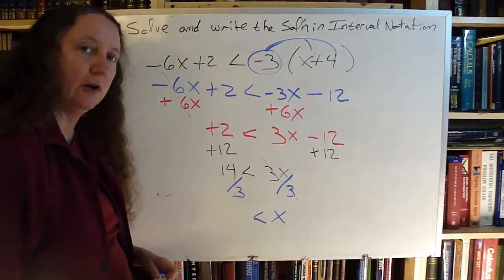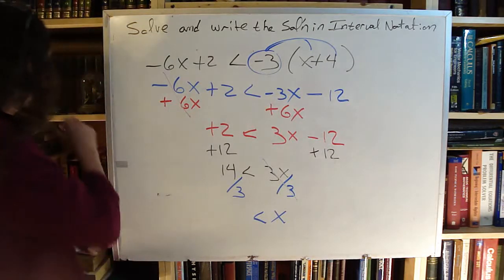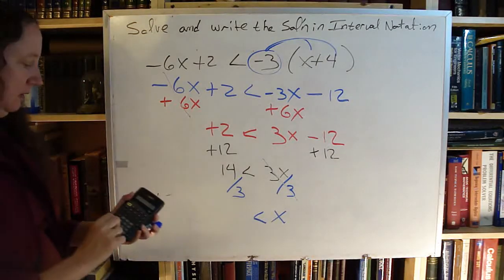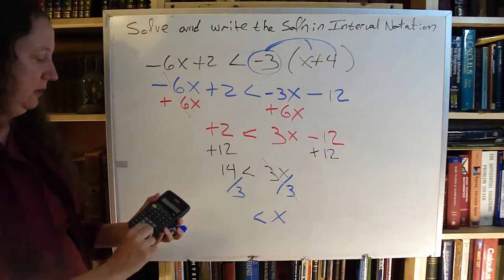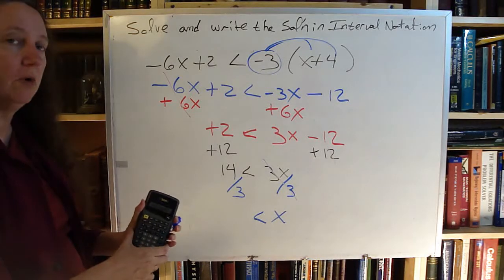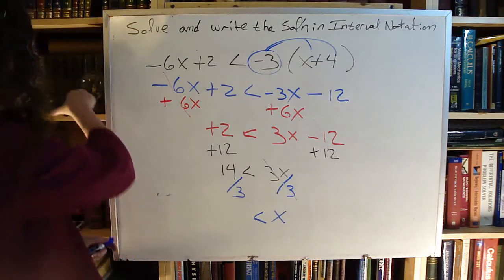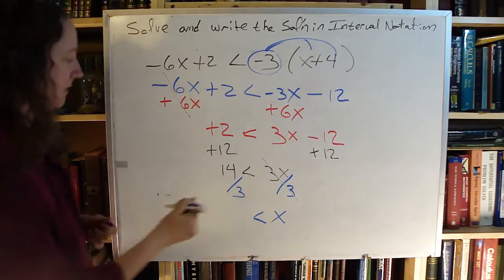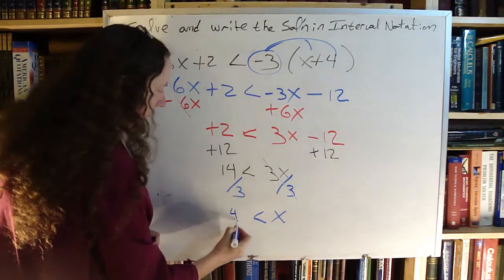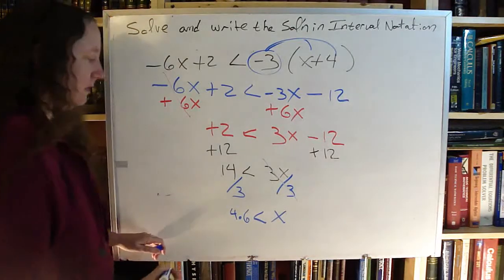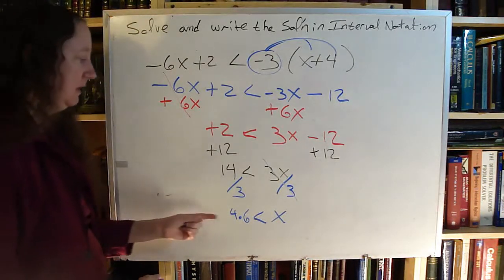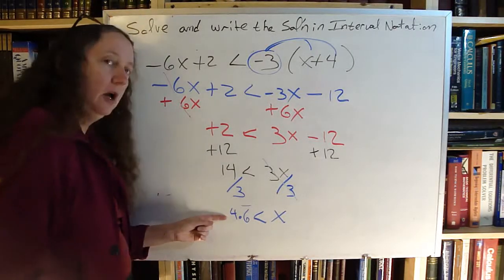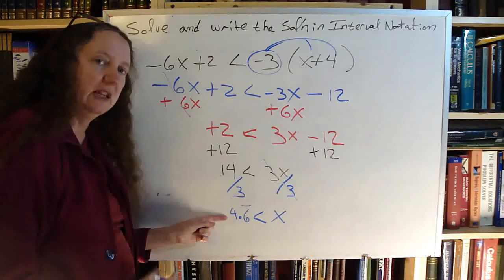And I need to figure out what 14 divided by 3 is. So 14 divided by 3 equals 4.6 with a repeating 6. I put my bar over there to say that that 6 keeps going.